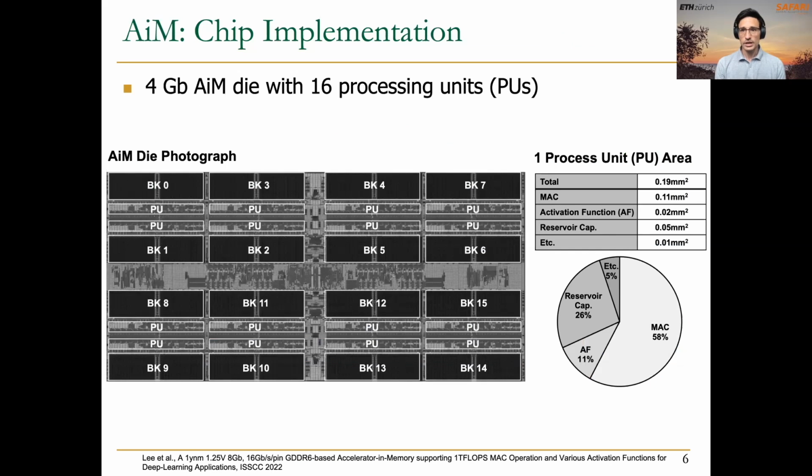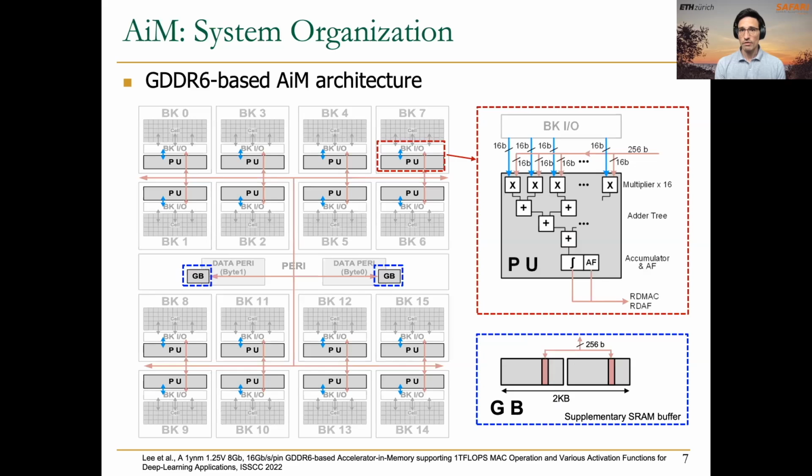A similar proposal, in this case from SK Hynix, is Accelerator in Memory, or AIM. But instead of using HBM2 memory, it is based on GDDR6 memory. In AIM, we have a processing unit connected to each of the memory banks. In this processing unit, we have an array of 16 multipliers and an adder tree to perform a reduction.